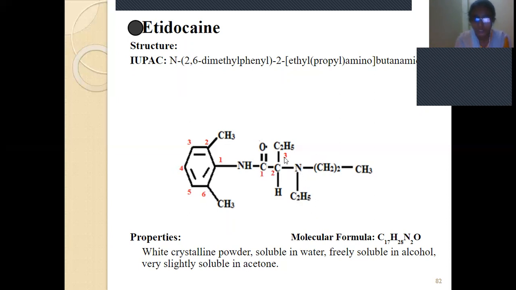So 2,6-dimethylphenyl 2-ethylpropylamino butanamide. The properties are: it is a white crystalline powder, soluble in water, freely soluble in alcohol, and very slightly soluble in acetone.